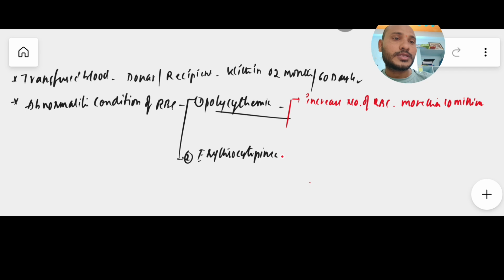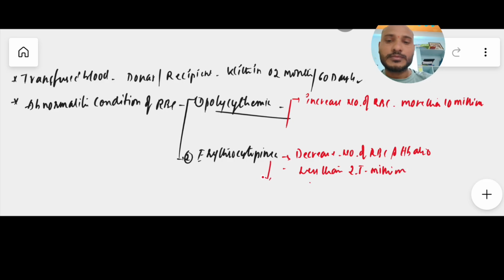And erythrocytopenia means a decreased number of RBC and hemoglobin also, that is less than 2.5 millions. This erythrocytopenia leads to anemia.